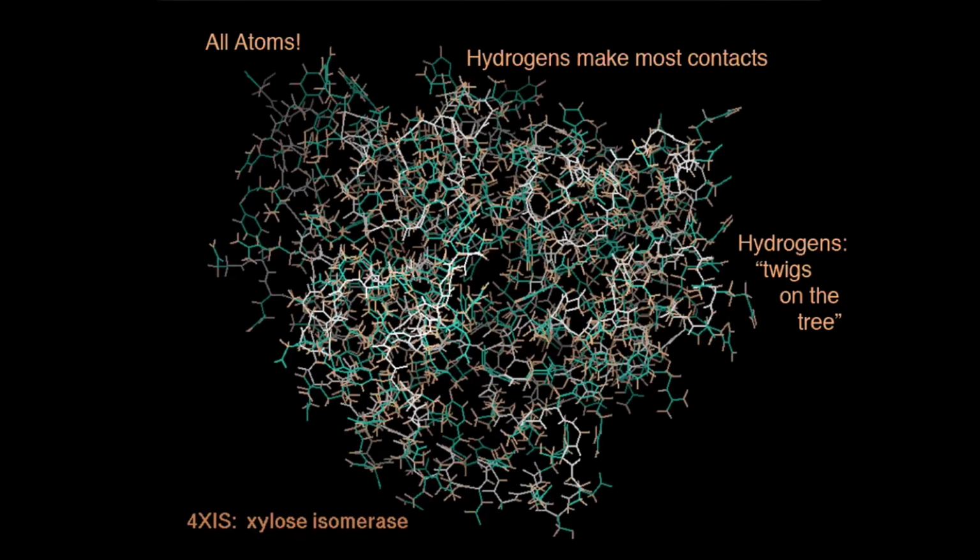And so if you want to have accurate contacts where you bind ligands or other molecules, or even inside of the molecule where the folded form makes good contacts, if you don't have the hydrogens there, you get it wrong.